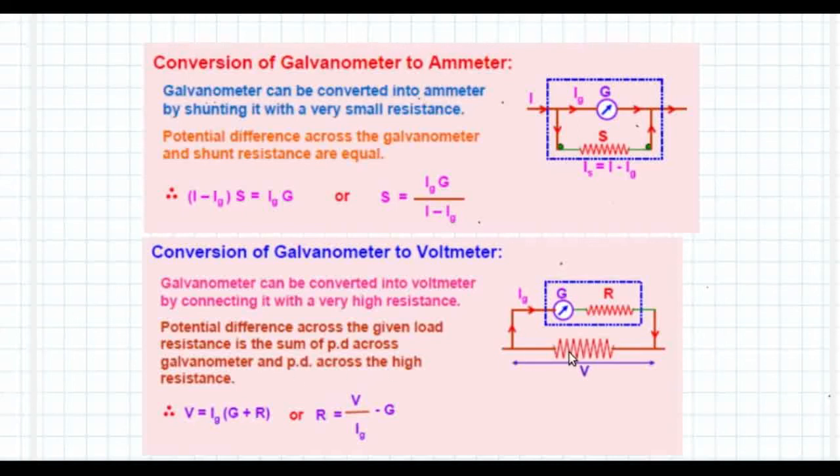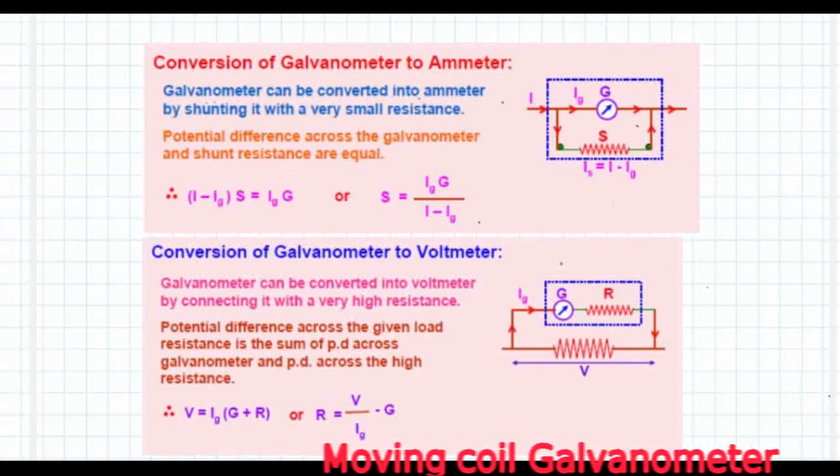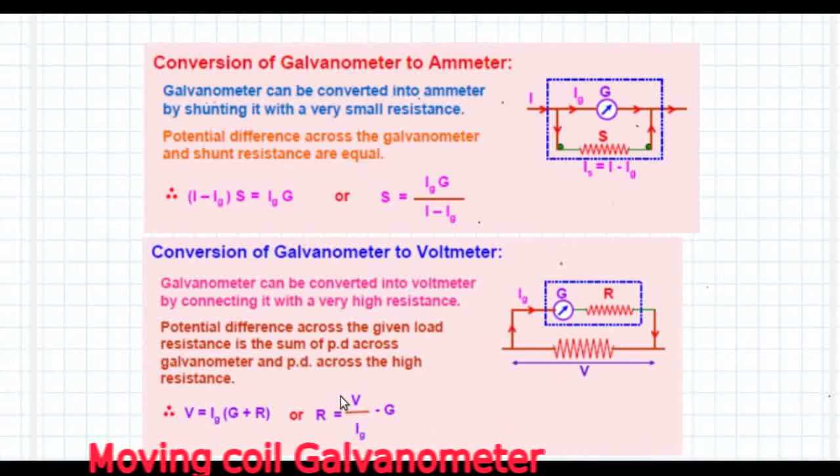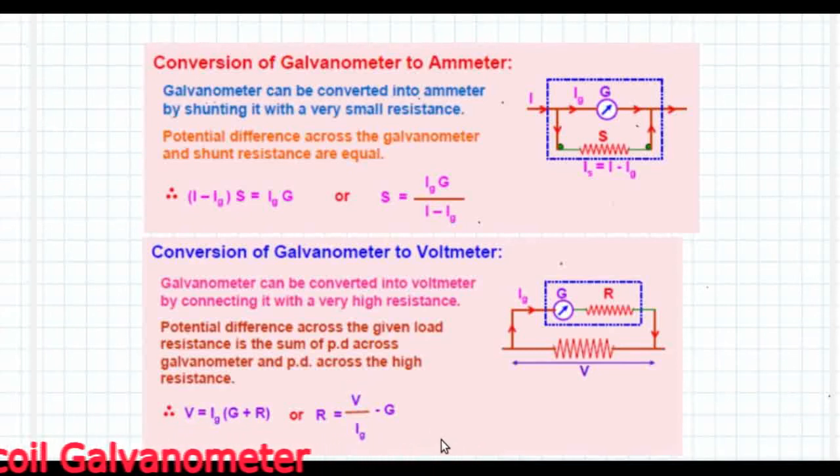Then the total potential across this galvanometer and R will be voltage V is equal to current into resistance, that is Ig into G, plus current into resistance, that is Ig into R. So that can be written as Ig bracket of G plus R. So this is IgG plus IgR, and the value of the resistance to be connected in series will be R is equal to V by Ig minus G.